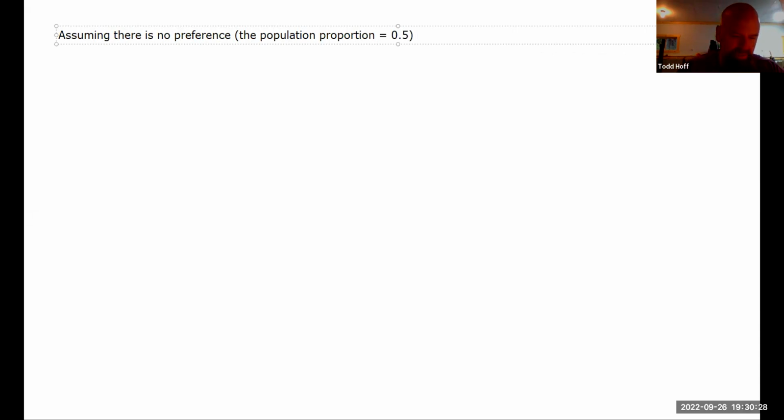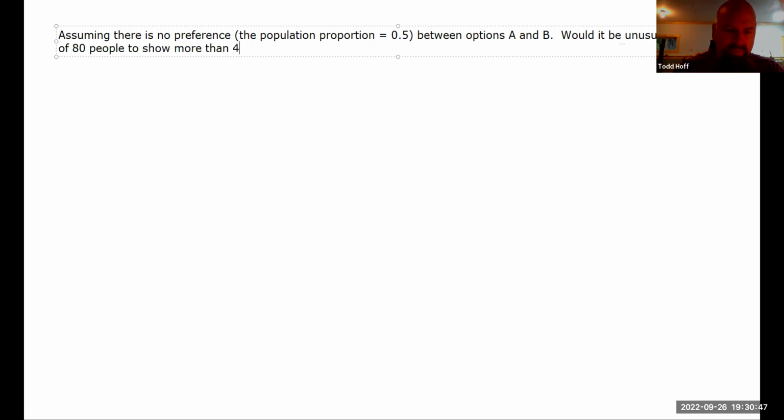There is no preference between options A and B. Would it be unusual for a survey of 80 people to show more than 55% prefer option A?